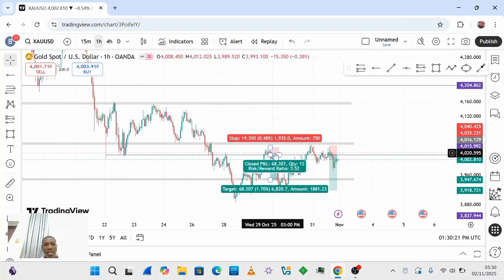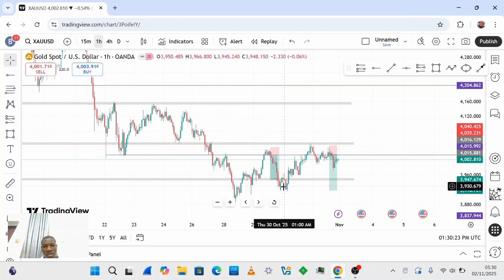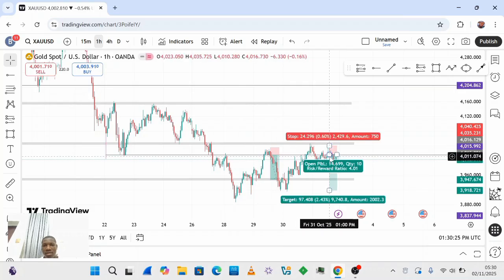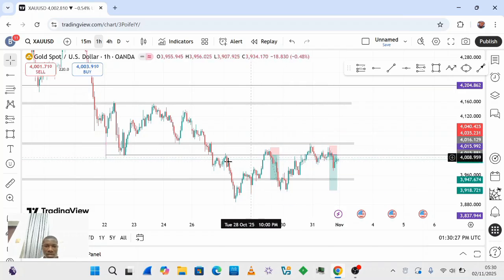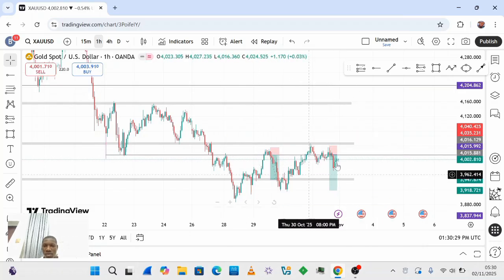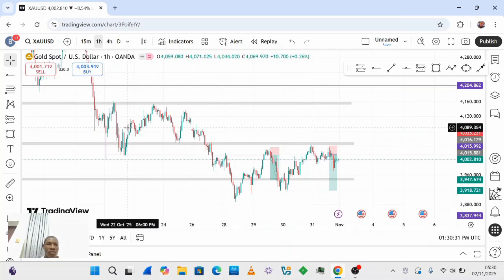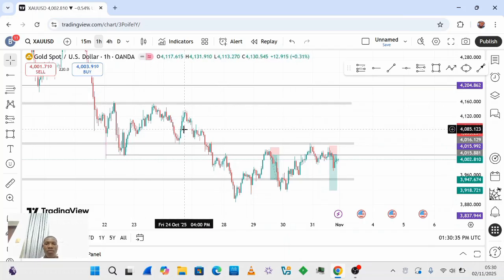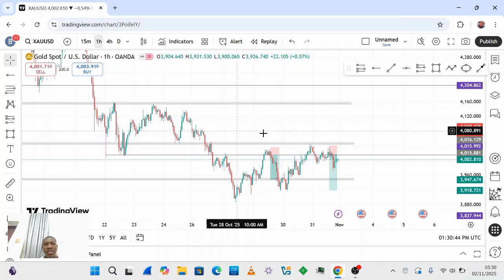When it came back again, it also went down. And the same thing that happened at this place will also happen at this place. It's based off market reaction and price action. That's it. You don't need anything.